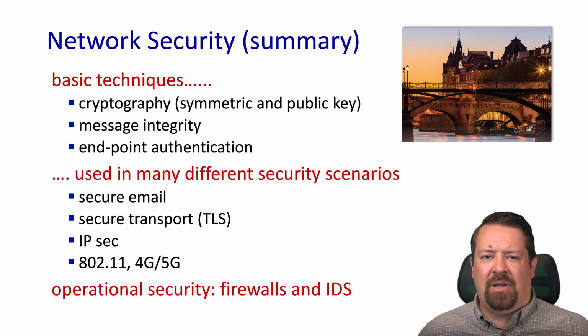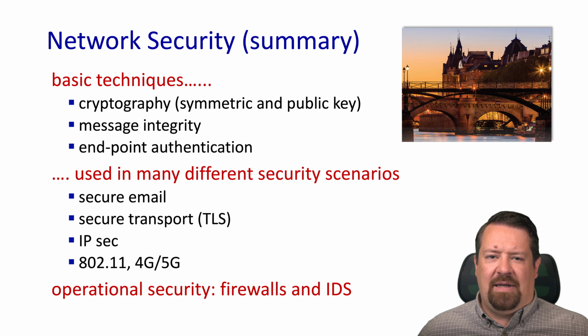And of course, these are not the only applications, but some of the most common ones, including secure email, TLS for HTTPS and other end-to-end encrypted TCP connections, then IPsec, commonly used in VPNs, and then just brushed the surface of wireless security, seeing how encryption is negotiated for 802.11 and 4G and 5G cellular networks. And wrapping up with the middlebox security mechanisms of firewalls and intrusion detection systems. I hope this has been useful, and that's all for now.